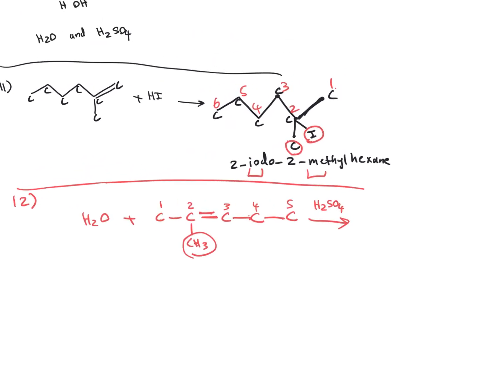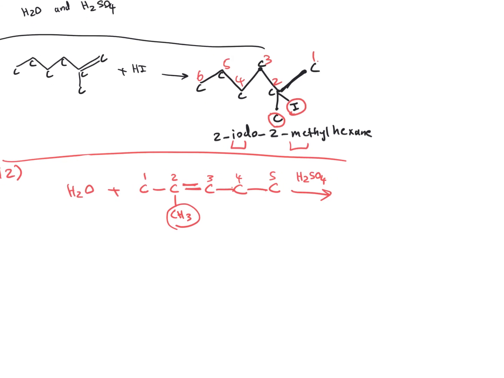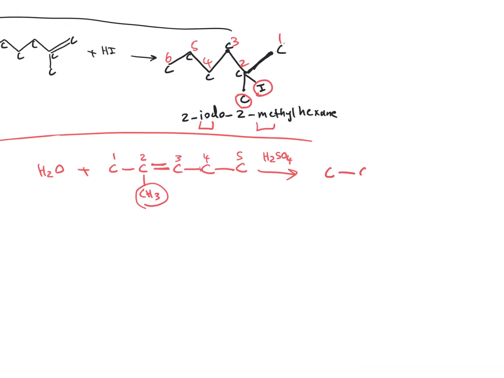So remember that we break the double bond, 1, 2, 3, 4, 5, right? And then we add OH to one side and then H to the other side. So remember that we don't write the extra hydrogens, right?